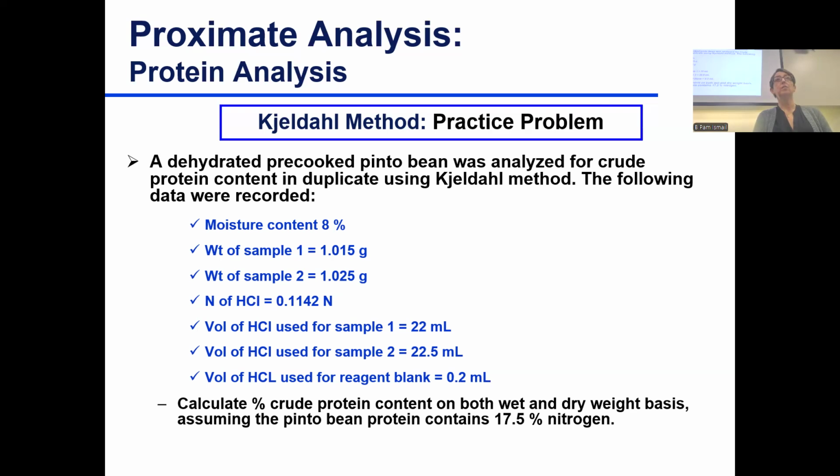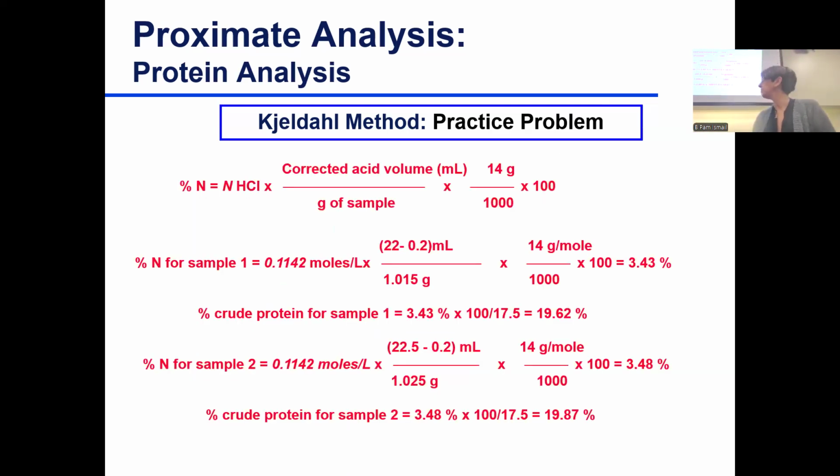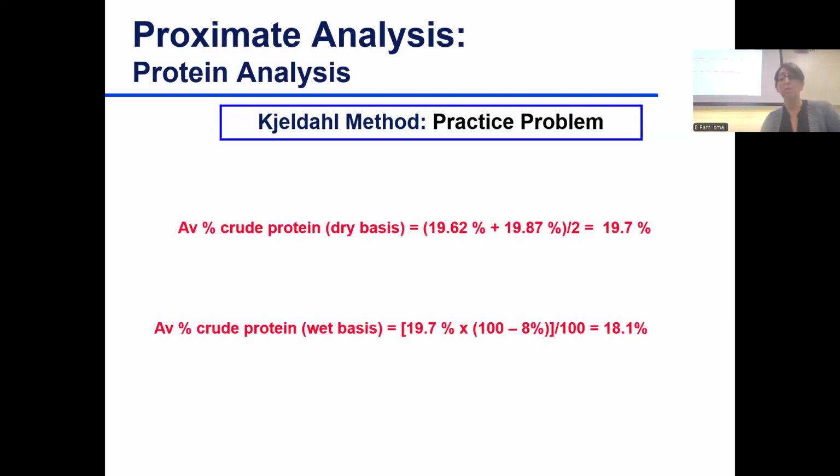Yes, Taylor. 5% protein by 92%. Yes. So you want to calculate on original weight. So you subtract the moisture from 100 and then you multiply that by the protein content on dry basis, and you divide by 100.